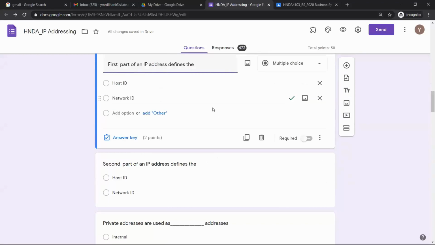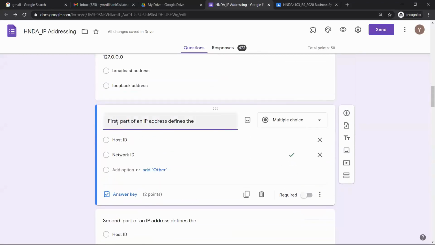And the next question: the first part of an IP address defines the, right? Another point is that we know computers are connected to a network, right? When it is connected to a network, it is not connected to one specific network.